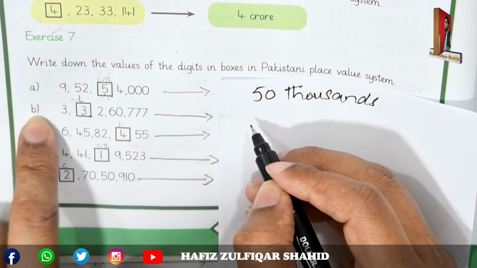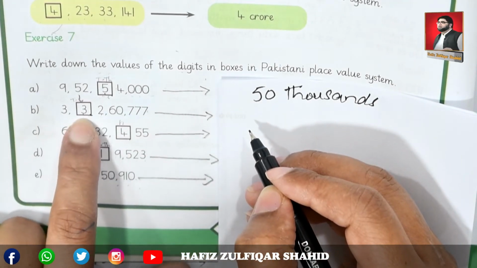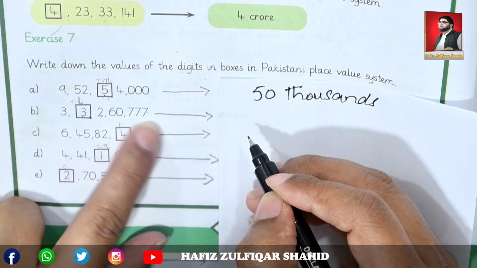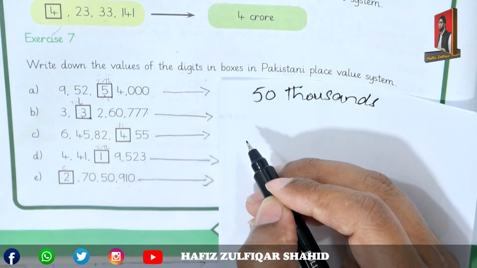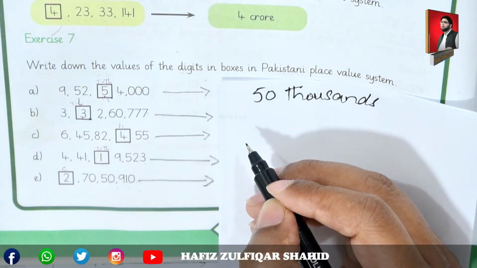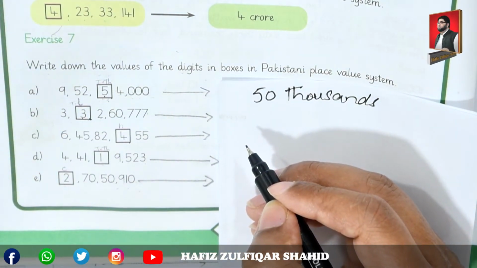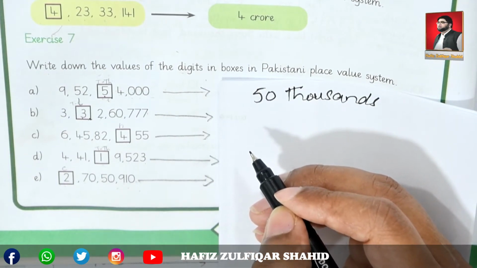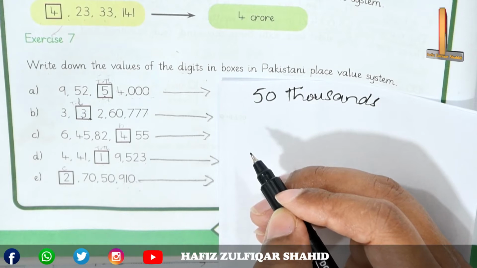Next, in the B part we have 3 in a box, and it is at the 7th place, which means we have lakh.